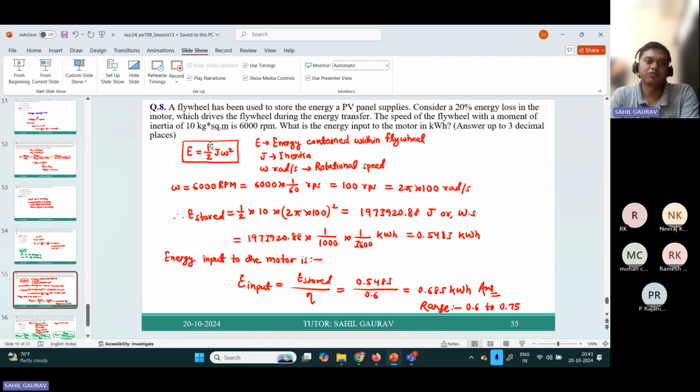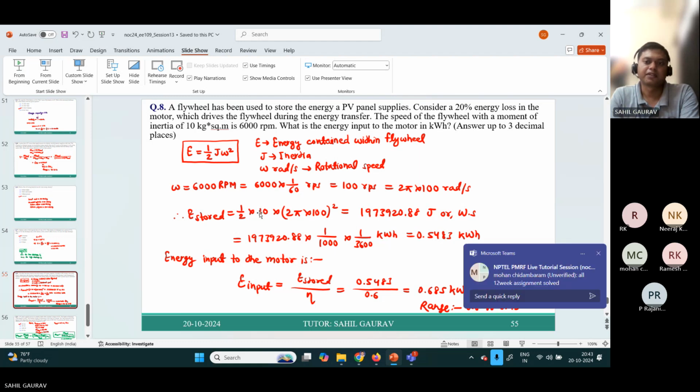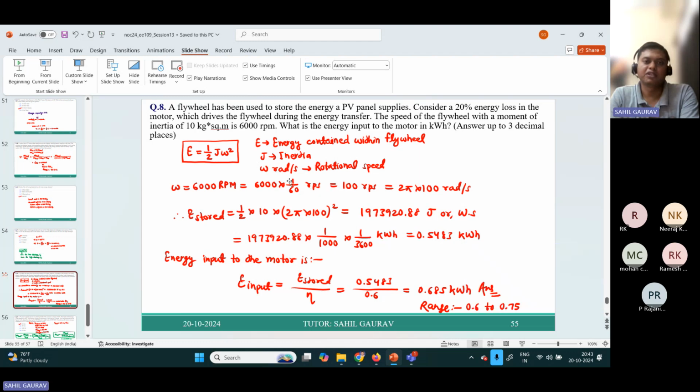So let us see the next problem. In this problem, they have asked about the speed of the flywheel and the energy input to the motor in kilowatt hour. So E is equal to half J omega square. We know that this is the energy contained within the flywheel, J is the inertia and omega is the rotational speed. So omega is 6000 rpm, so it will be 2.100 radian per second.